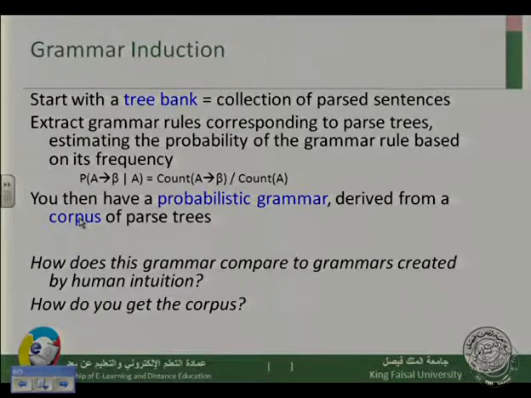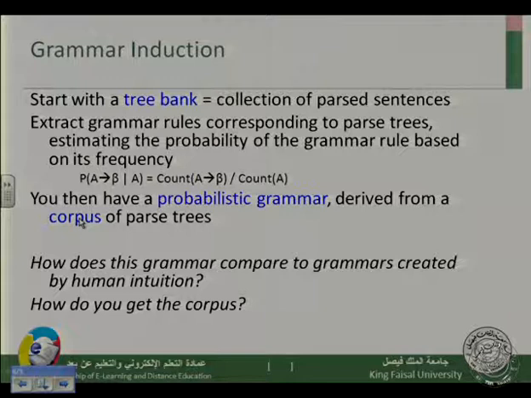So we have this little formula, and this is why I told you that you also need mathematics experience. Here you count the probability through this little formula. So you then have a probabilistic grammar derived from a corpus of parse trees. If you collect your trees into a bank, this is called what?